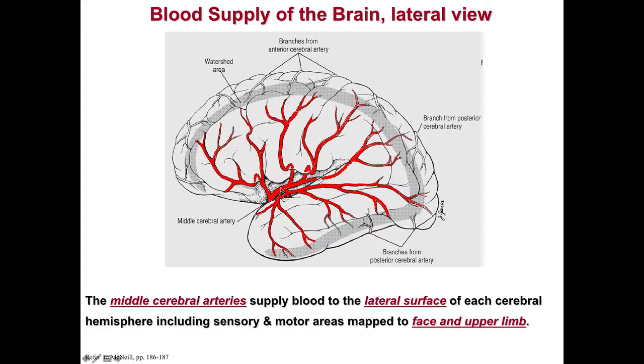If you remember, it's coming up and then going out to these lateral regions, and this includes the sensory motor areas mapping to the face and the upper limb. The face and upper limb regions are down in this area, and the torso and hind legs are back in here.